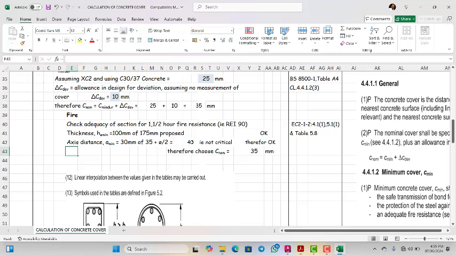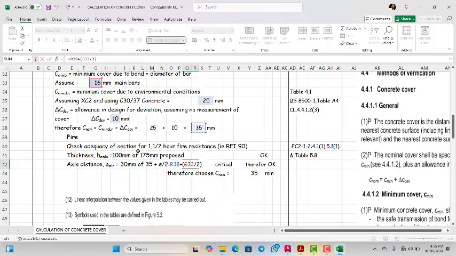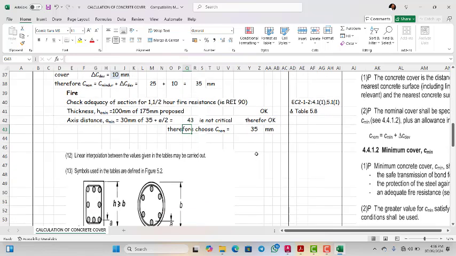Axis distance here is 30. So this will now become this plus half of what we have, which gives us 43, which is not that critical. So providing a C norm of 35 is adequate.